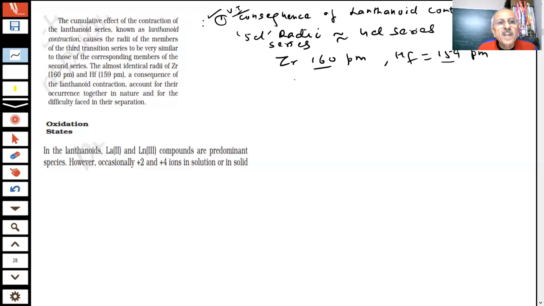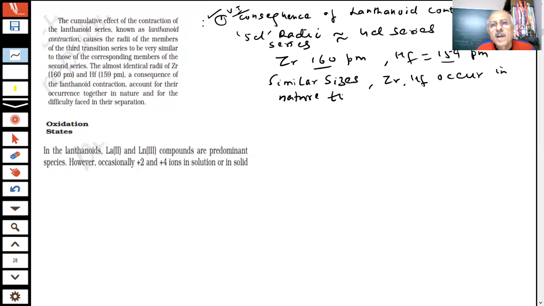Because of similar sizes, zirconium and hafnium occur together in nature, and therefore it becomes difficult for their separation.